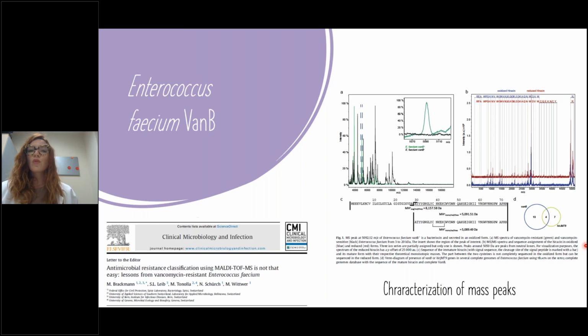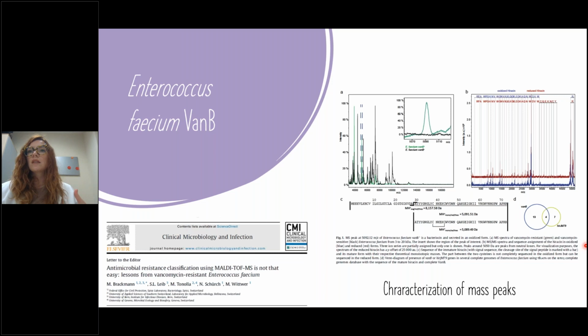And he performed a real analysis of this mass peak with proteomics. So he realized this mass peak was a hemolysin, a secretory protein of bacteria that was somehow related to the resistance gene.